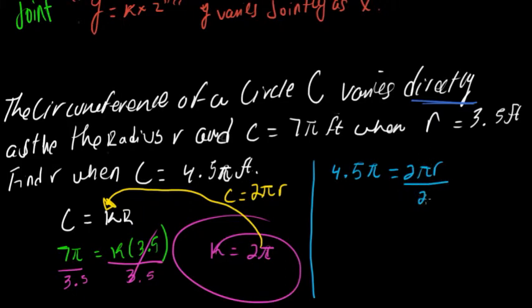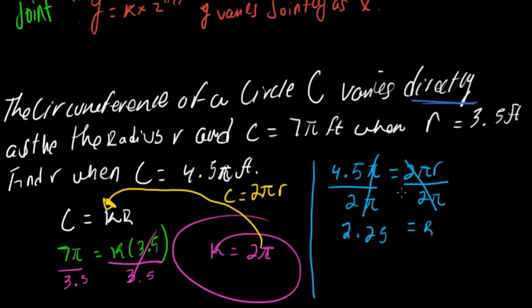We divide both sides by 2 pi, and the pi's cancel, and 2 divided into 4.5 will give me 2.25, which is equal to the radius.